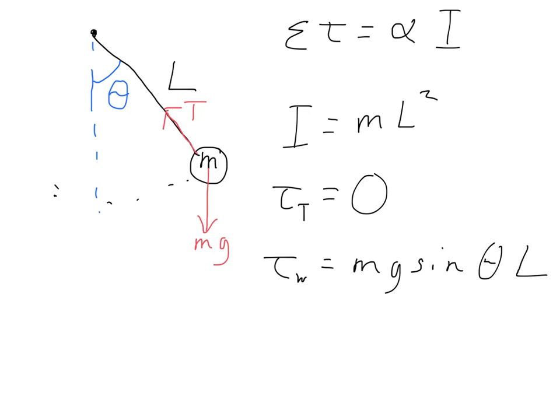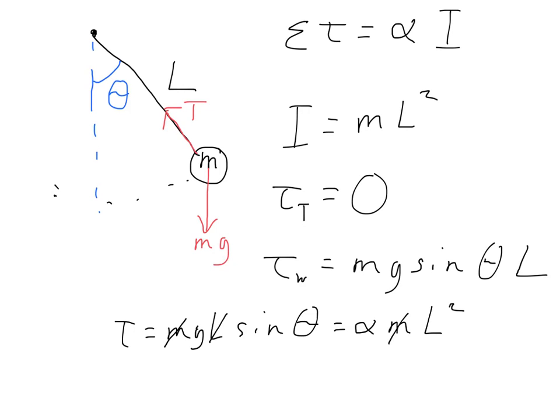So there's only one source of torque, and we'll apply that torque as mgL sine theta equaling alpha times the moment of inertia, which we said was mL squared. And we can do a few things to simplify. We see that the mass terms will cancel out.